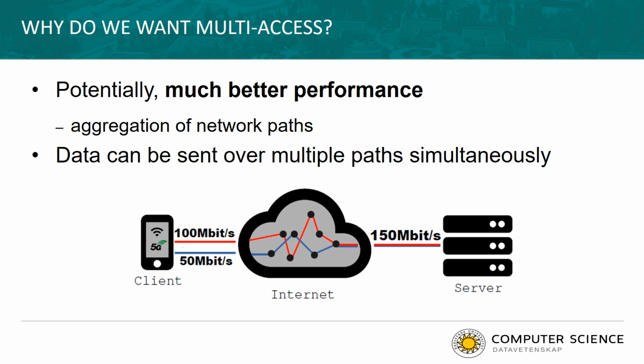So if we combine these two connections, we may achieve 150 megabit per second throughput. So this may be the first thing that you think about if we say use the multiple paths: that we can aggregate and we can get a larger throughput.